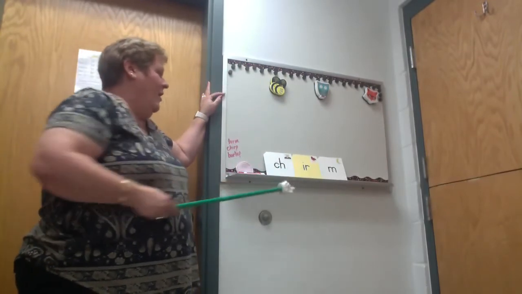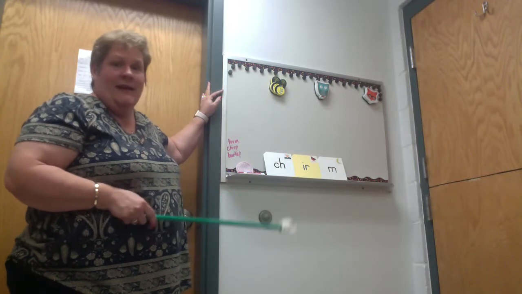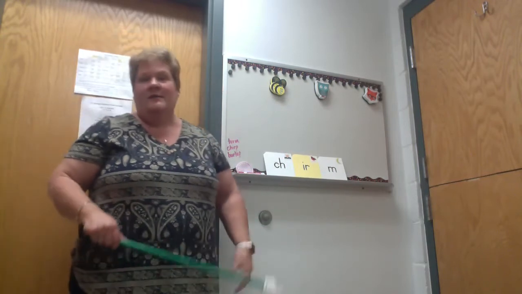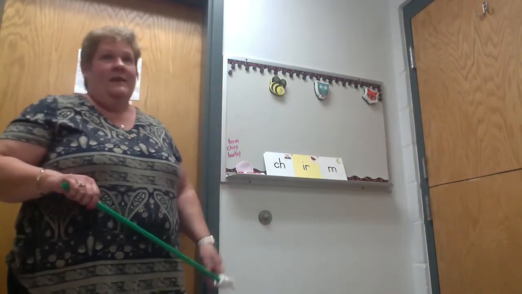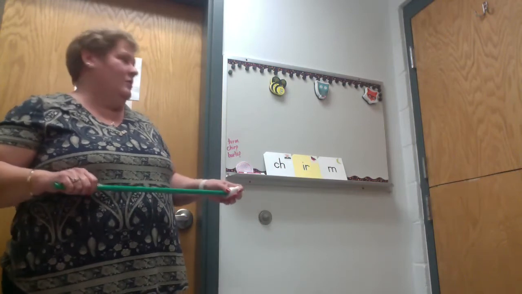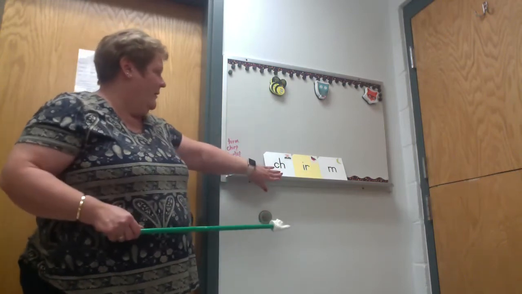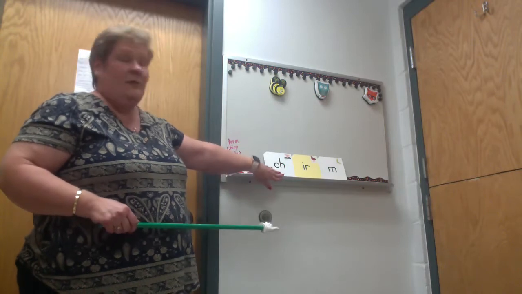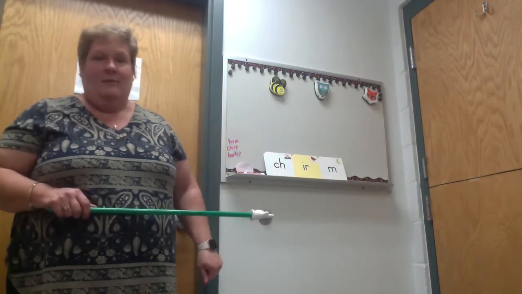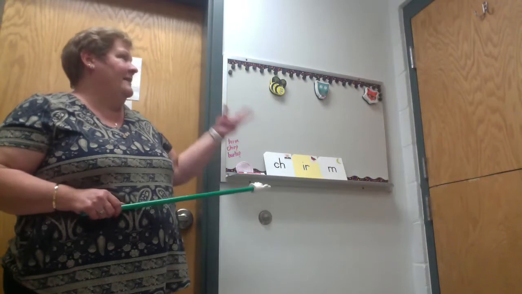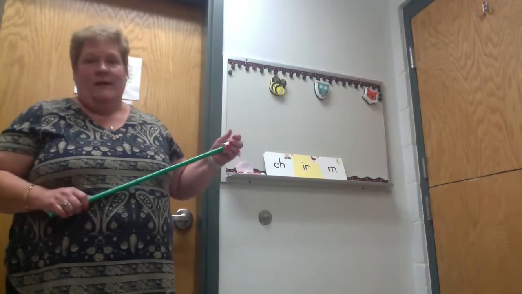Now we have the IR. And what does the IR say? That's right. The IR also says ER. Let's read this one together. What do we have at the beginning? That's right. We have a digraph at the beginning, don't we? Remember a digraph? We take those two letters and put them together to make one new sound.